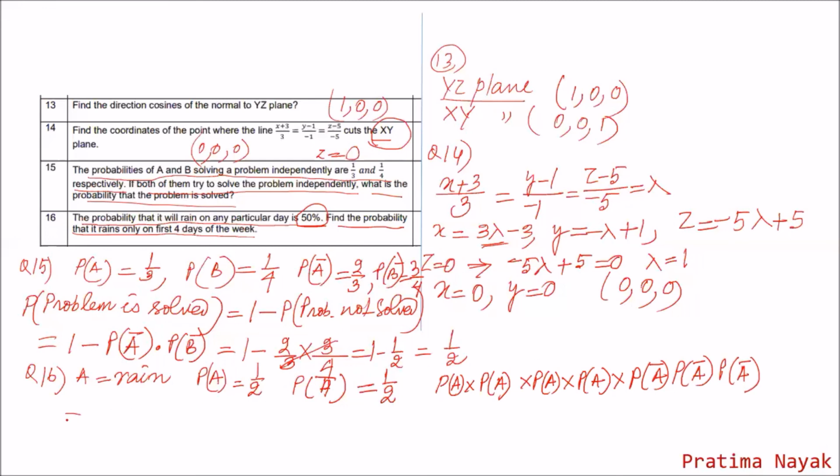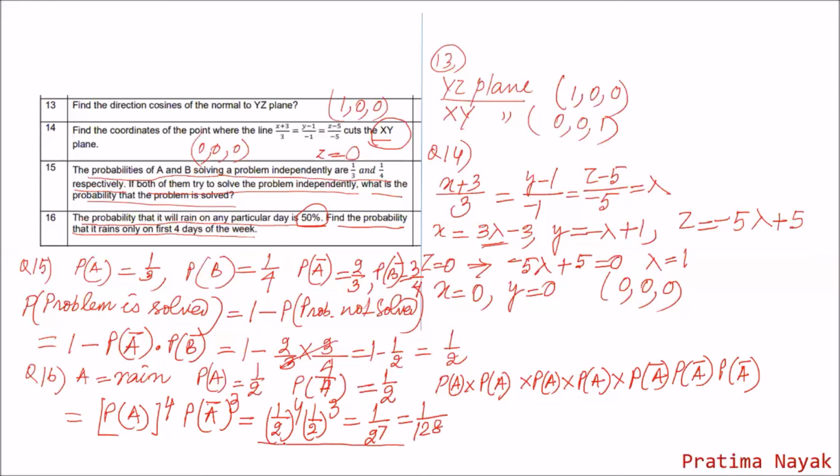If you understand the concept, you can write easily. That is P(A) to the power 4 and P(not A) to the power 3. For a 1 mark question, no need of writing all this, just write 1/2 to the power 4 into 1/2 to the power 3. That will be 1/2 to the power 7, that will be 1/128. No need of explaining all these things, write the answer from here only.